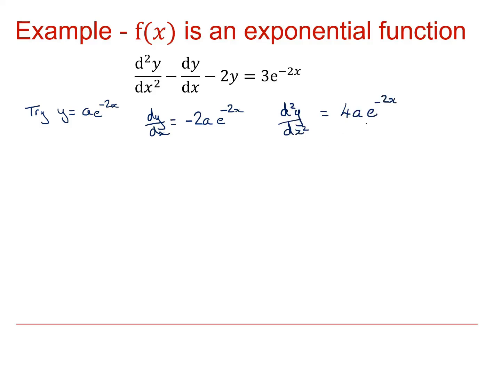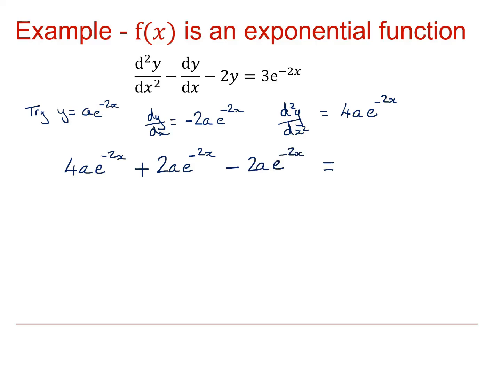And again, we're going to plug these into the differential equation as we've got it up there. So we're going to get 4a e to the minus 2x minus, well, it's minus 2a e to the minus 2x, so I'm going to get plus 2a e to the minus 2x. And then it's minus 2y, so I'm going to get minus 2a e to the minus 2x.